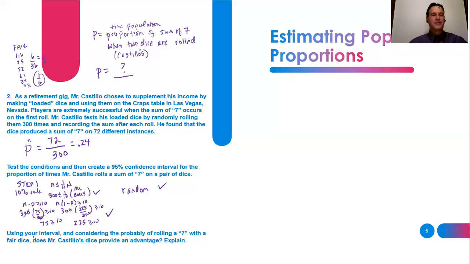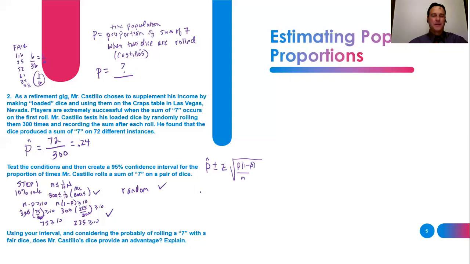Okay, and it says use your information to create a 95% confidence interval. So again, using the formula from before, which is p hat plus or minus your z times the square root of p hat times 1 minus p hat, all over n.